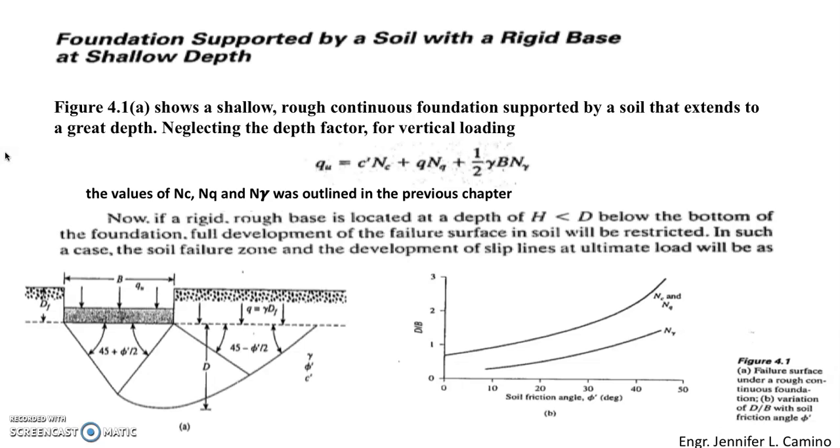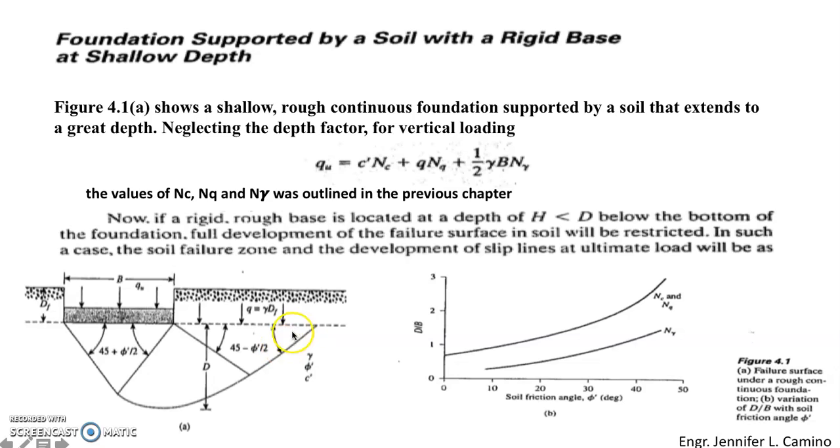Meaning to say, you have a foundation being supported by a soil having a rigid base at a shallow depth. For this, if you're going to neglect the depth factor for vertical loading, this is an illustration for a shallow, rough, continuous foundation that is supported by a soil that extends to a great depth.